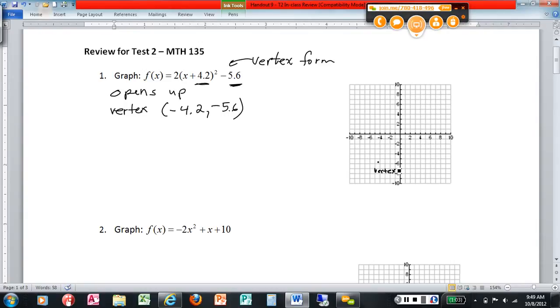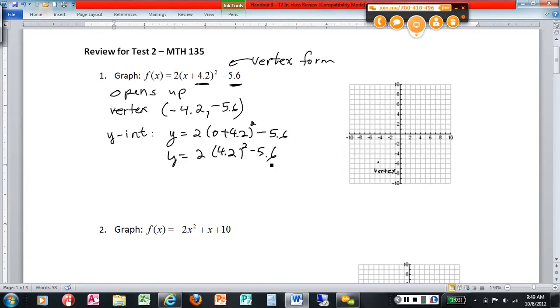Okay, then the other point that helps us out on graphing is the y-intercept. Set x to be 0, and we get y equals 2 times 0 plus 4.2 squared minus 5.6, so that's going to give us y equals 2 times 4.2 squared minus 5.6.